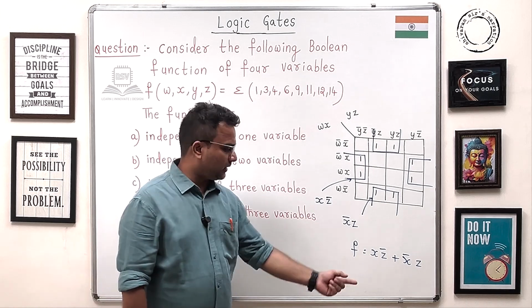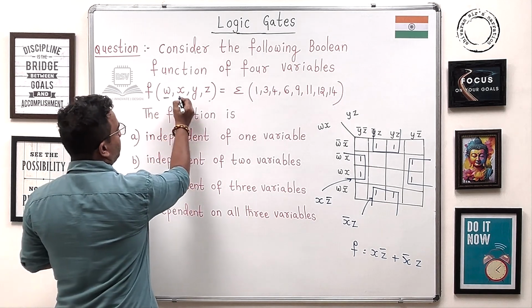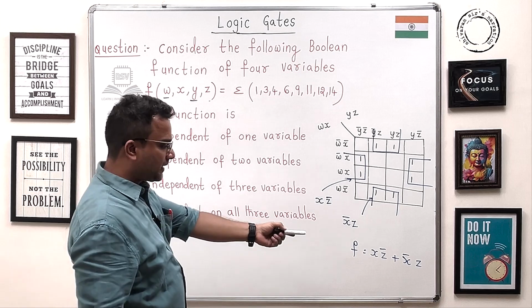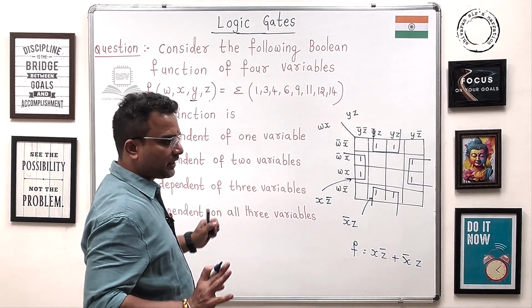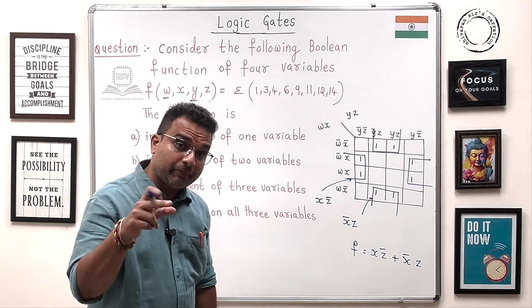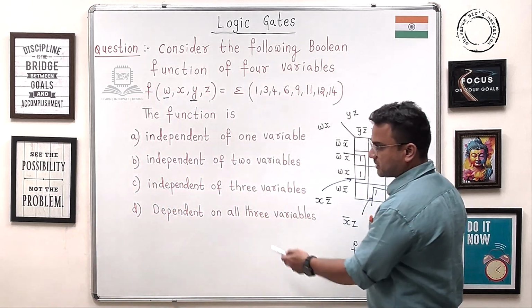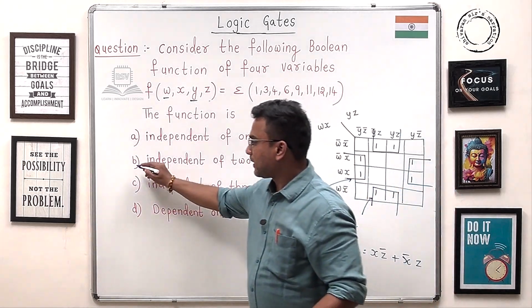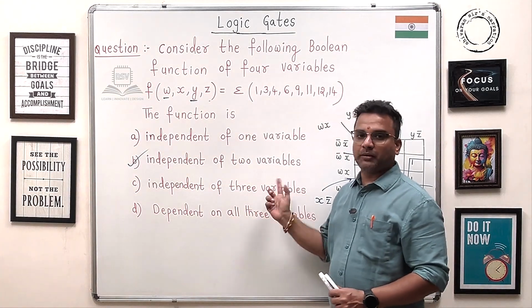What are they? w and y. So the simplified output expression does not contain any w or y variables. Hence we can say it is dependent on 2 variables and independent of 2 variables. As per the options, the right answer is option B, independent of 2 variables.